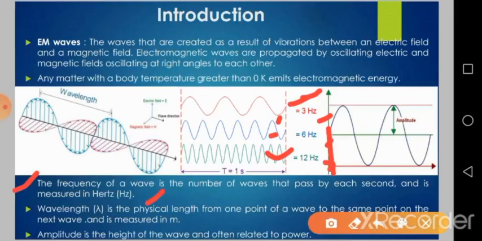The next one is the wavelength. Wavelength is the physical length from one point of a wave to the same point on the next wave.